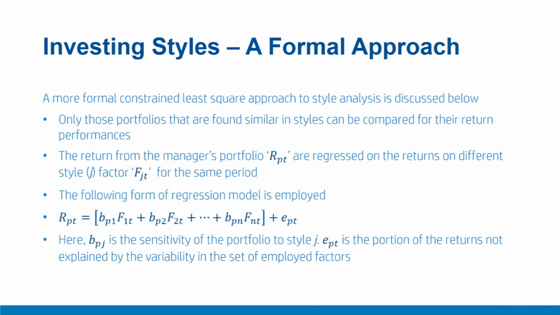Also, in order to compare these performances, there is a proper formal, mathematical approach, the least square method, that can classify portfolios in different styles. Here we follow a simple OLS regression method, the ordinary least square method, where returns on the portfolio, RPT, are regressed on various styles such as F1T, F2T, FNT.